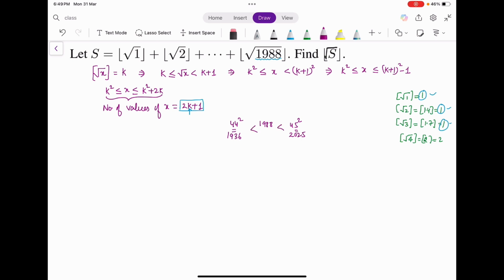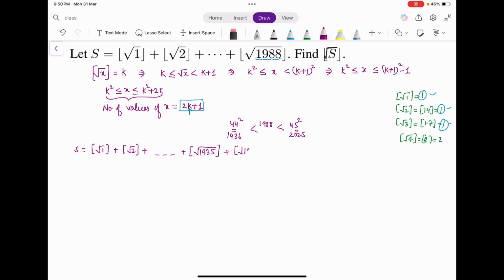So I can reframe the question as follows. 1936 is equal to 44 square. If you take 1935, that means the greatest integer of root 1935. Root 1935 will be less than 44, that is 43 point something. So its greatest integer will give you 43 after taking the square root. That is why till 1935 I am writing this.